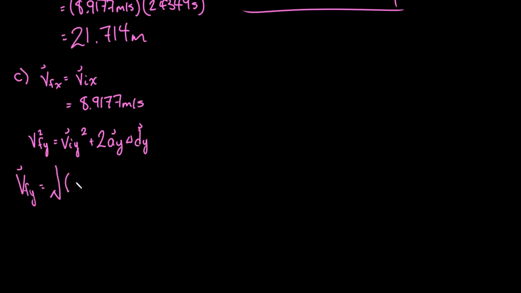So the initial velocity in the y direction was that 8.0296 meters per second squared plus 2 times acceleration, which is negative 9.8 meters per second squared, times negative 9.5 meters.